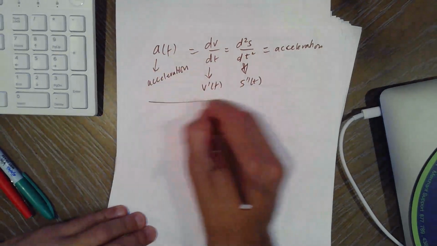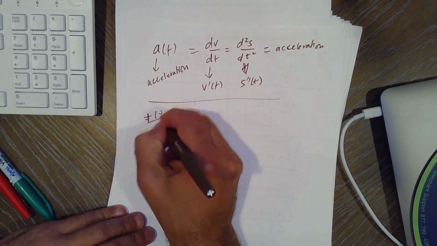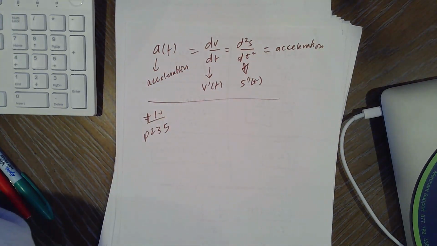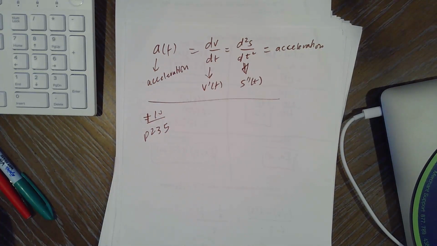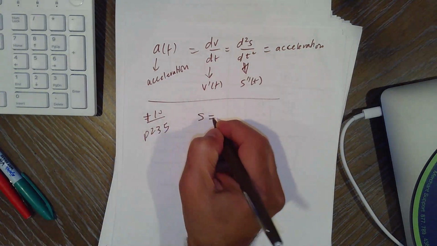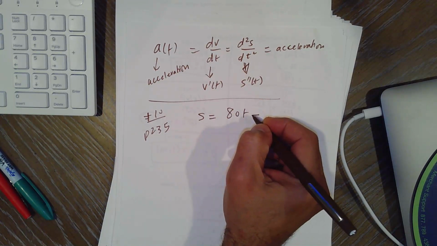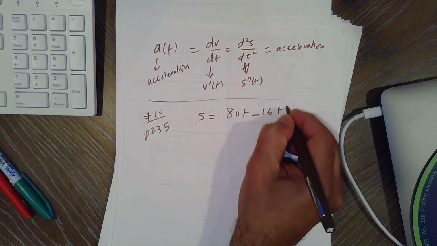All right, let's go to number 10, page 235. It says if a ball is thrown vertically with a velocity of 80 feet per second, then its height after t seconds, so its position after t seconds, is 80t, that's the initial velocity, minus 16t squared.